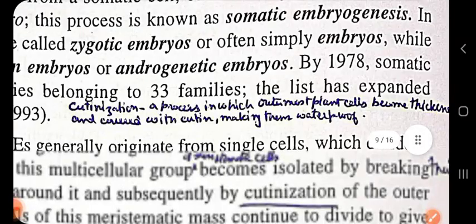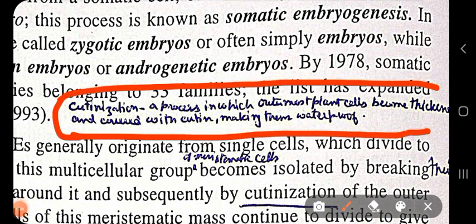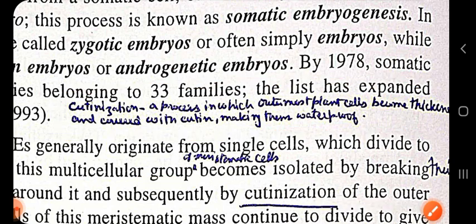Cutinization is a process in which the outermost plant cells become thickened and covered with cutin, making them waterproof.